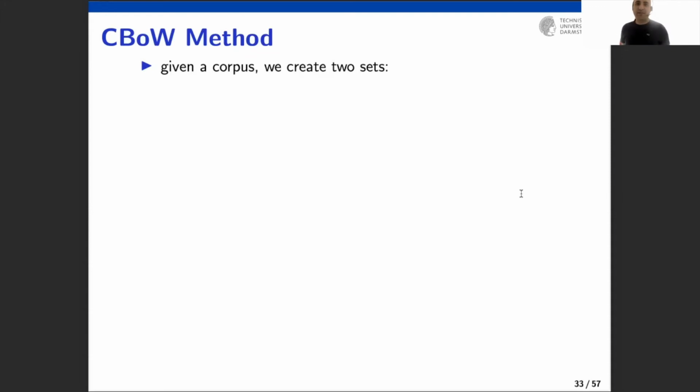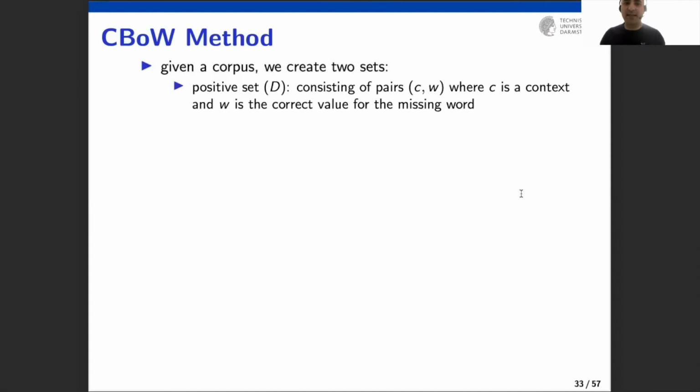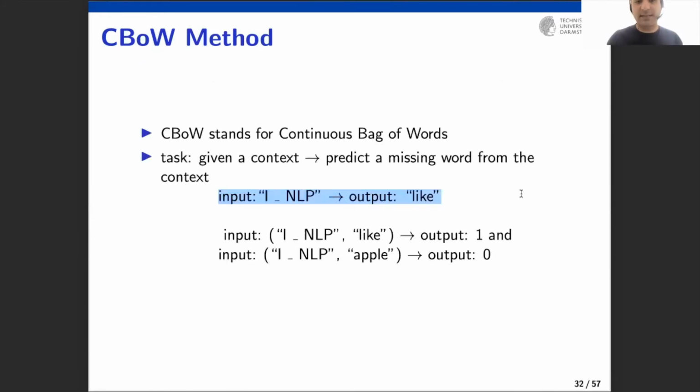Okay. Now, given a corpus of texts, we create two sets. The positive set, which we refer to as D, consists of pairs (C, W), context and word, where W is the correct value for the missing word in the context. In this example of the positive data set, we have "I _ NLP" and "like" is the actual word in the sentence in the corpus.